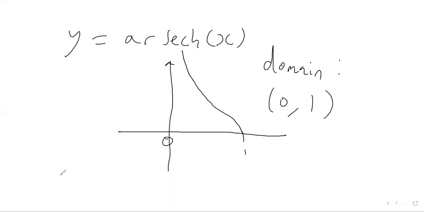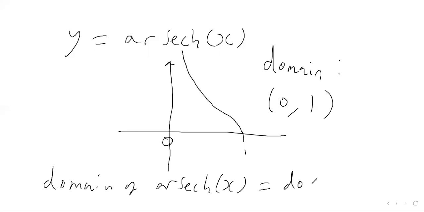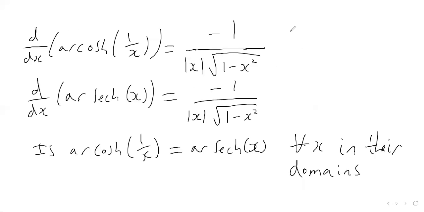So therefore, domain of arsech of x equals domain of arcosh of 1 over x. And because they've got the same domains and they've got the same derivatives, then they must be the same up to a constant.